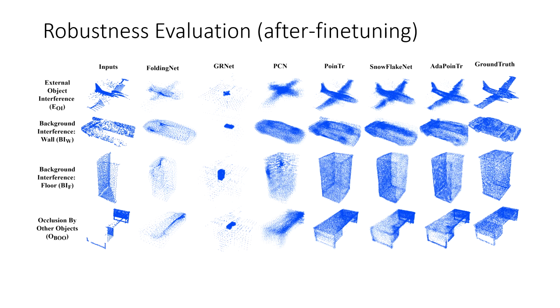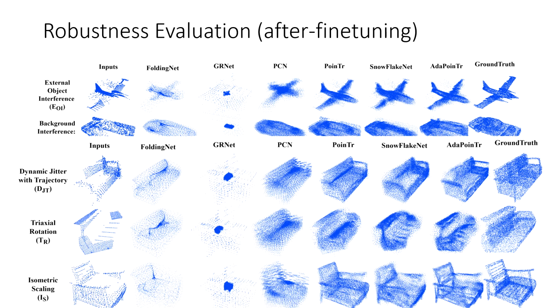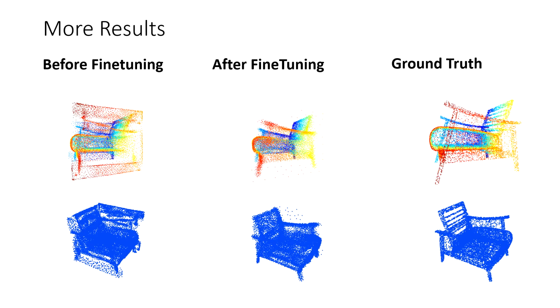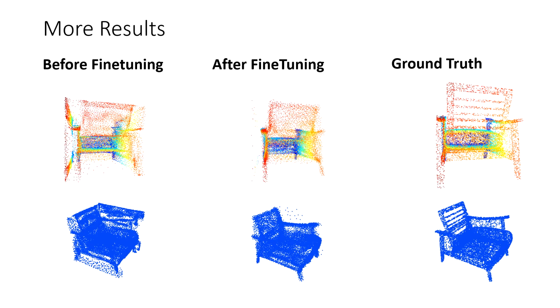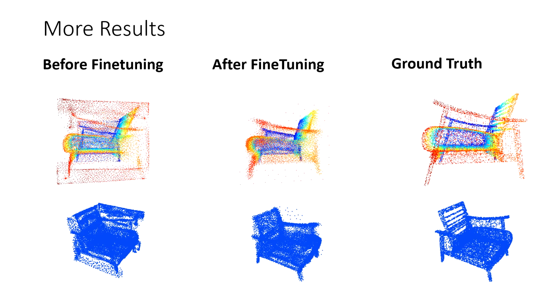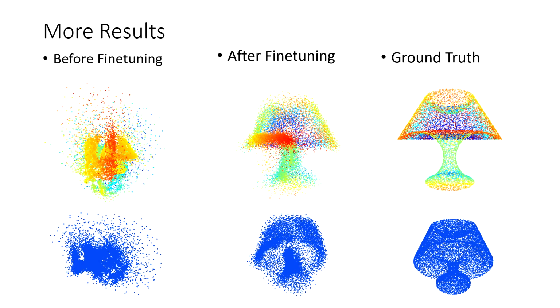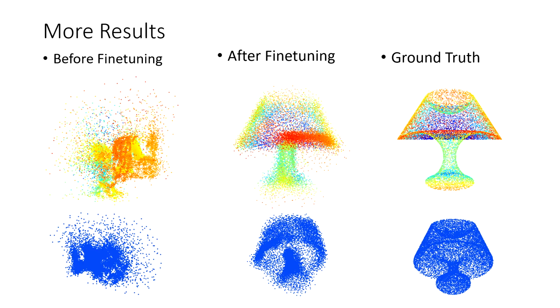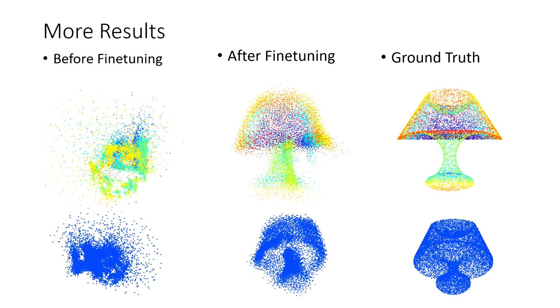The qualitative results show us that most of the algorithms have learned to ignore the noise and just complete the object after fine-tuning. So they don't really remove the noise, which means we need to do something beyond fine-tuning for cleaner and more complete results.